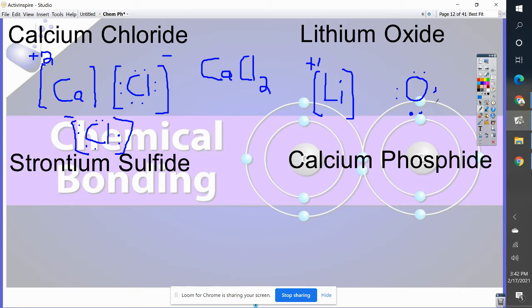So it's going to want to gain another electron. So it's going to find another lithium with 1 valence, just like before, and that electron is going to transfer and go right here. So when you do that, make sure you erase the old one.